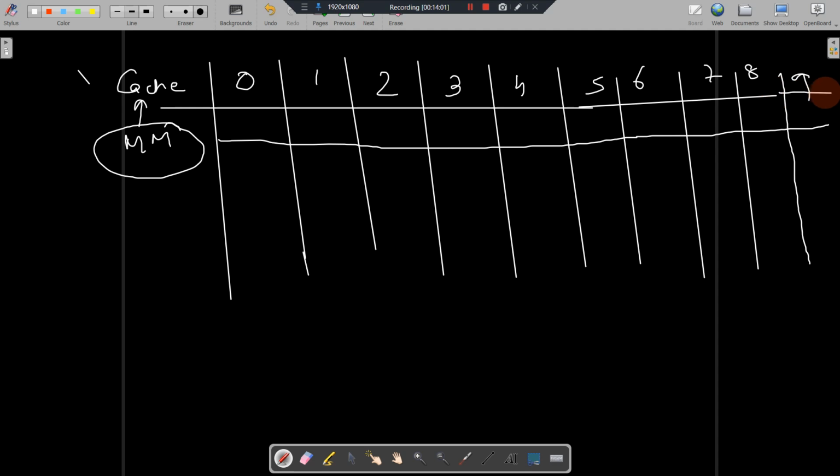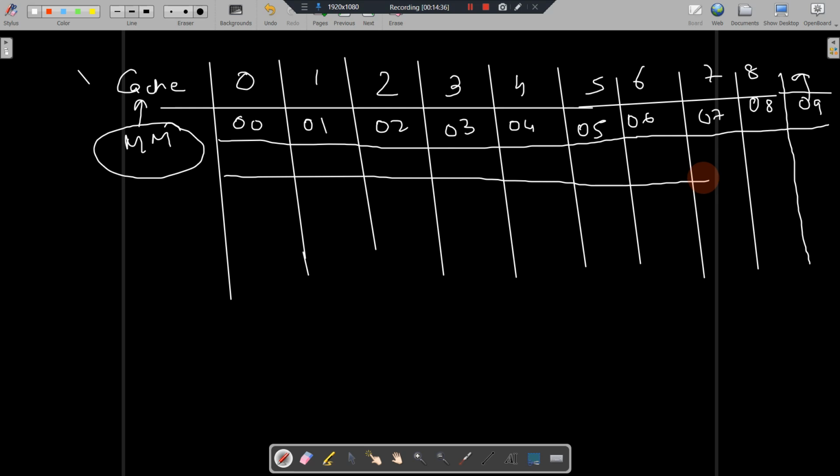As we have main memory indices from 00 to 99, 00 modulo 10 will give us 0 only. 01 modulo 10 will give you 1. 2, 3, 4. 4 modulo 10 will give 4 as remainder. 5, 6, 7, 8, 9. 10 modulo 10 will give 0 as remainder.